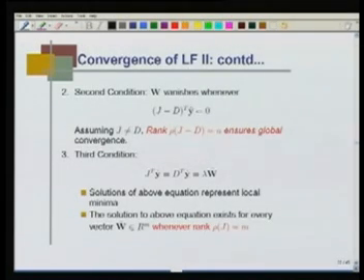At global convergence Y tilde is 0. The other condition is when J transpose Y tilde is 0; in this case, the solution of the above equation represents a local minimum, and then the convergence is not global.